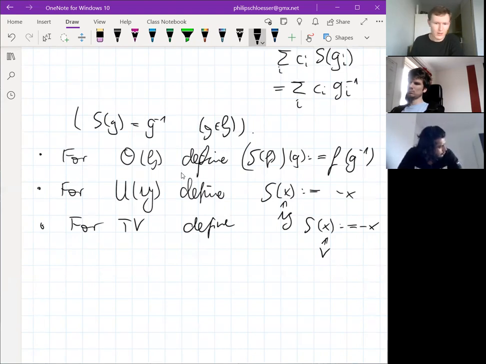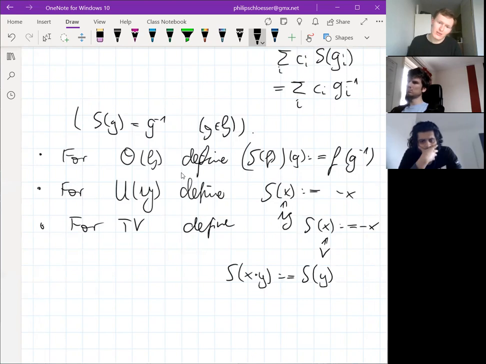Well, what does that mean? Question: in these cases, when you wrote it as S of x equal minus x, where is that reversing of the order happening? Well, we just define it that way. We require that if we then have a product of two vectors, then this is by definition equal to S of y times S of x.